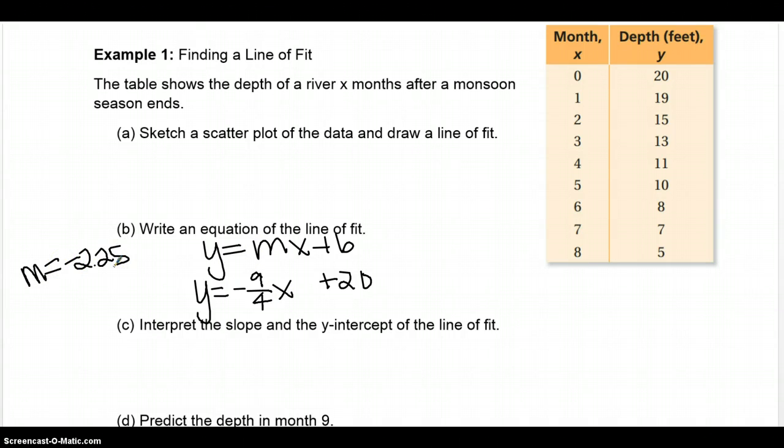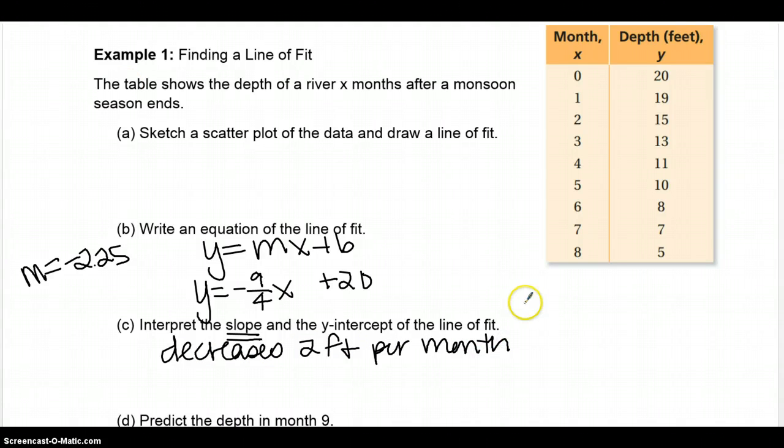As long as your slope is around negative 2, that is perfect. So if I'm interpreting the slope, that means it decreases by about 2 feet per month. And in order to know that, you need to look at the problem.